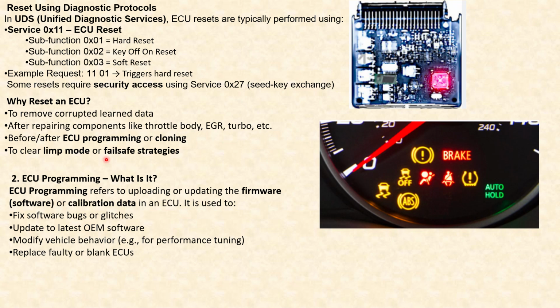Okay, so these are the various types of reset, and this is also one important reason why an ECU has to be reset. When it comes to ECU programming, what is it?